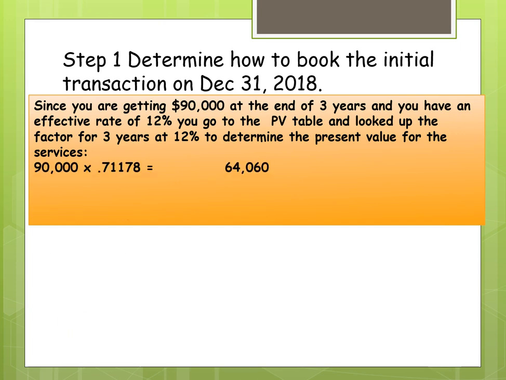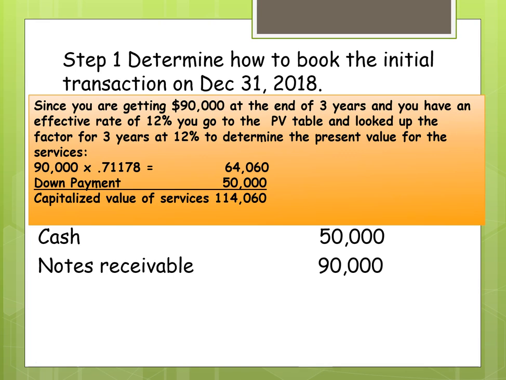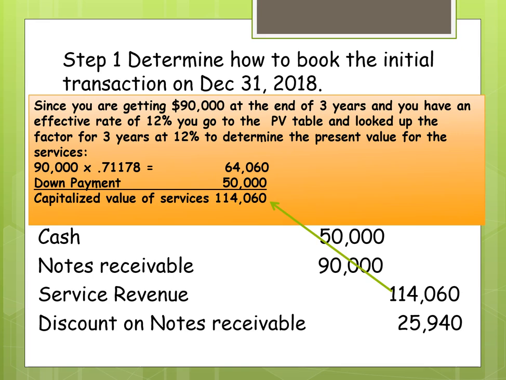So it would be 90,000 times the factor, and we would add the 50,000, so the total amount of the services would be $114,060, and the rest would be interest. So cash would be 50, notes receivable would be 90, service revenue would be 114,060, which is how we calculated it up there, and the difference would be discount on notes receivable, and $25,940 would be the interest revenue we would earn over the 3 years.